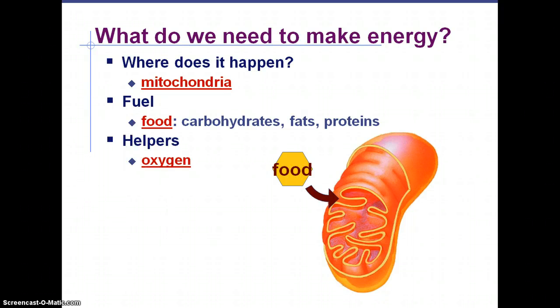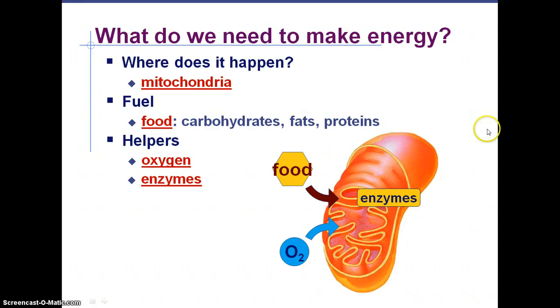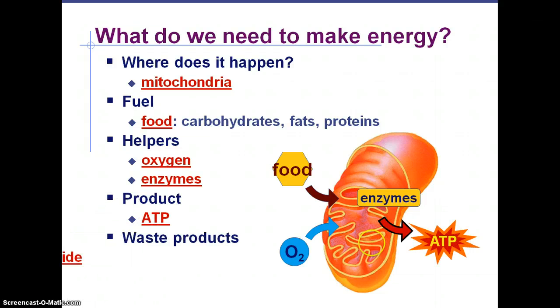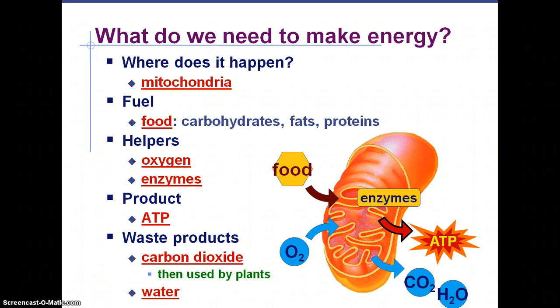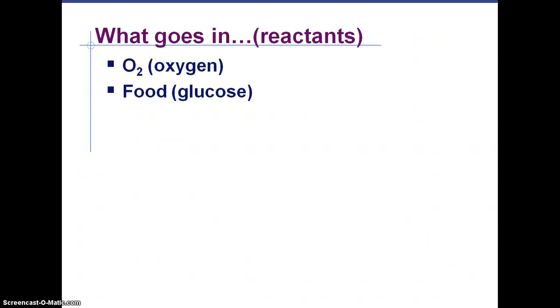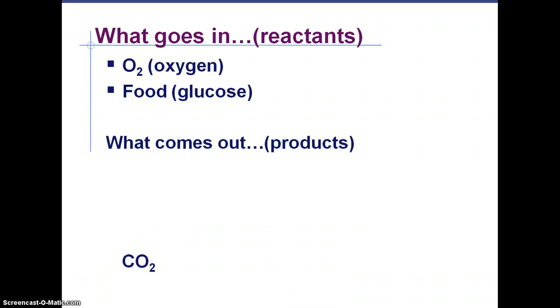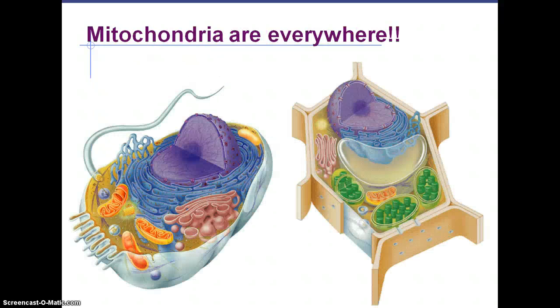The helpers here are oxygen, but you also have a bunch of enzymes involved, and those are embedded in these membranes here. The products are ATP as well as carbon dioxide, which is then used by plants, and water. So we call what goes in the reactants, oxygen and glucose, and the products are carbon dioxide and water, and ATP, of course.